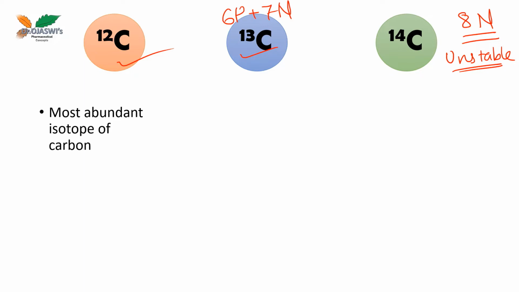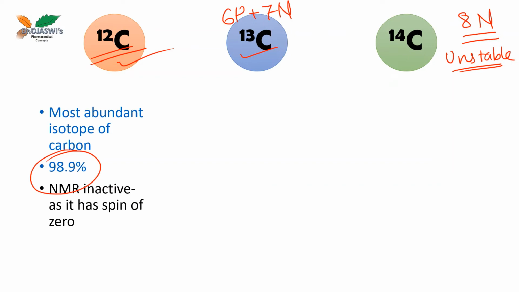So we have seen here that 12C is the most abundant isotope of carbon. Its natural abundance is 98.9%. Means in nature 12C occurs most. It is NMR inactive as it has spin of 0.